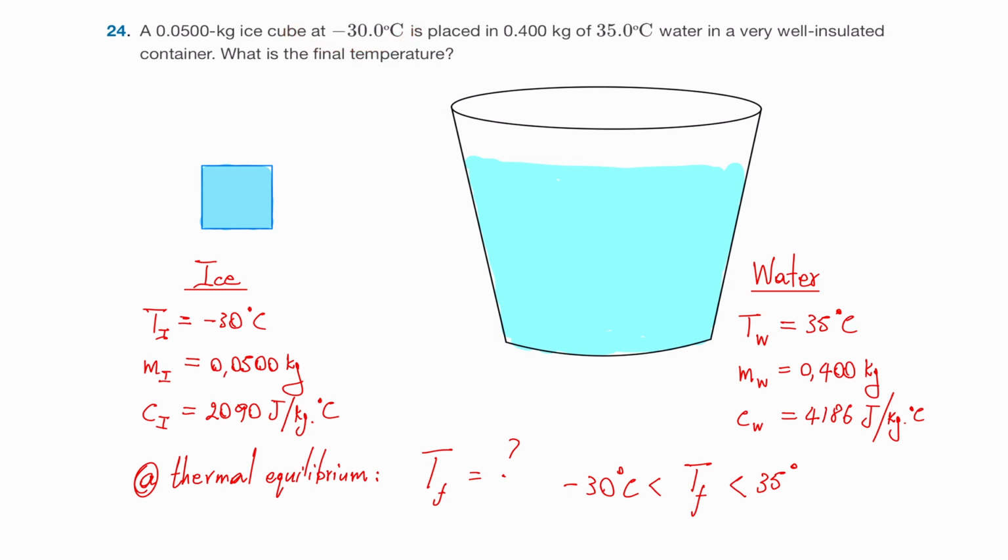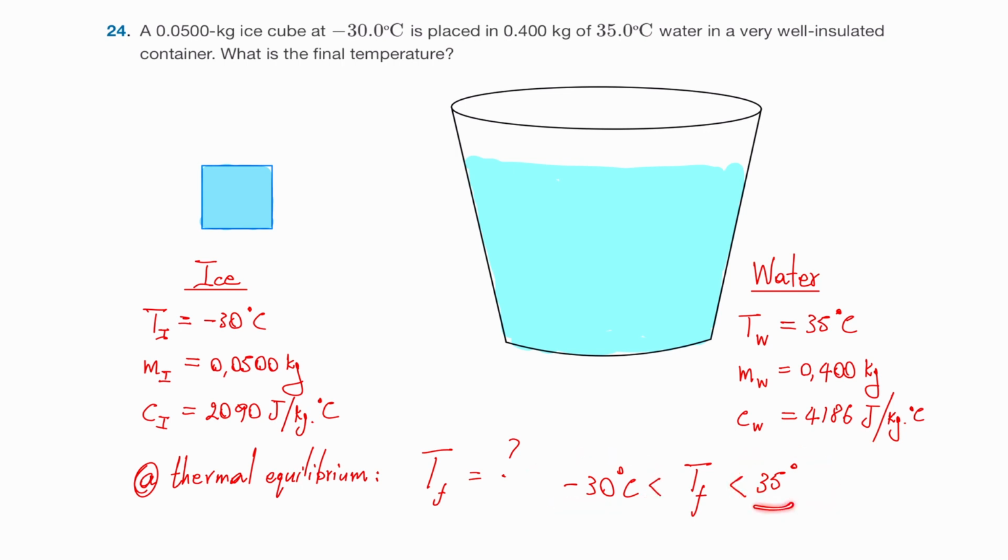But then, when these are left in thermal contact, they will eventually arrive at some common temperature when they reach thermal equilibrium. What we do know is that the final temperature they will reach is going to be between 35 degrees Celsius and minus 30.